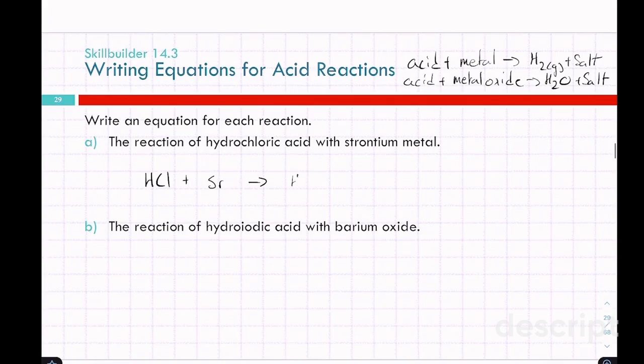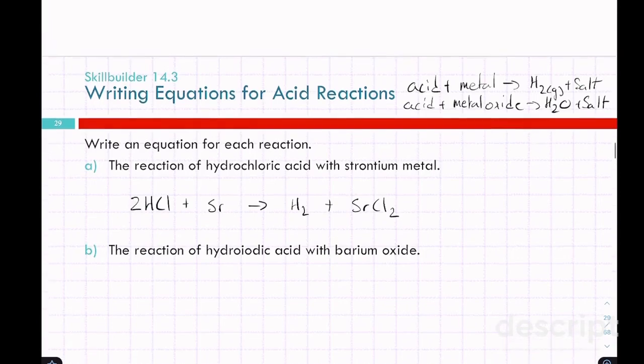So we'll get H2 plus SrCl2. Yeah. So when strontium becomes an ion, it's going to have a 2+ charge. And then to balance this, just add a 2.